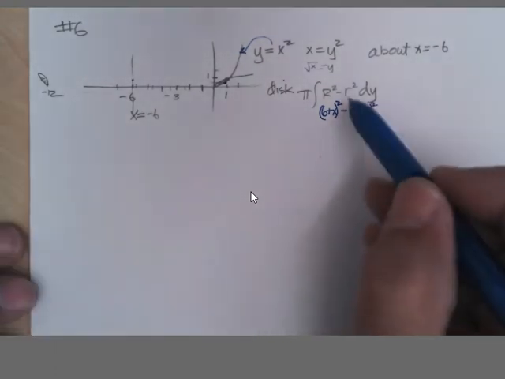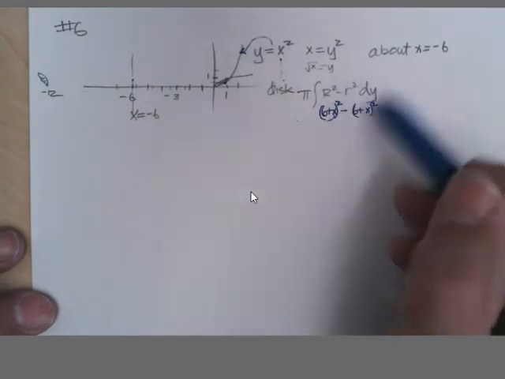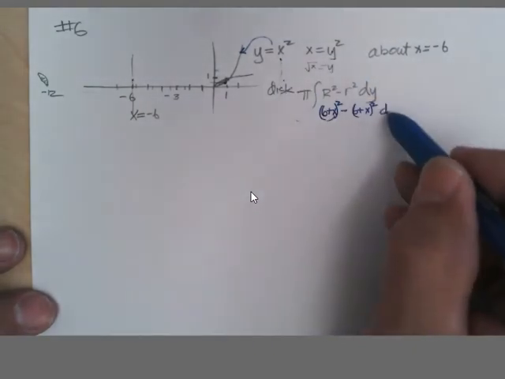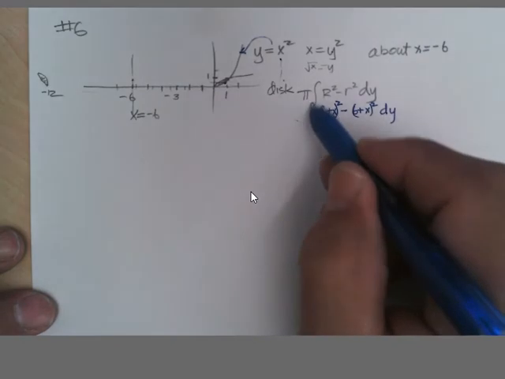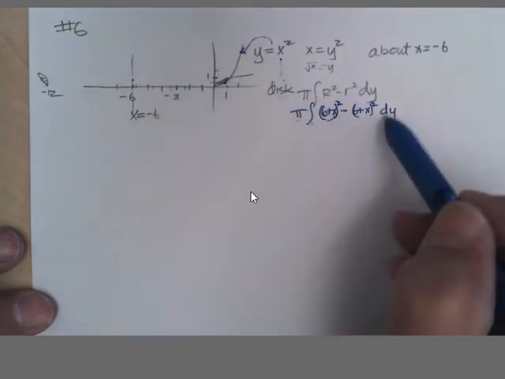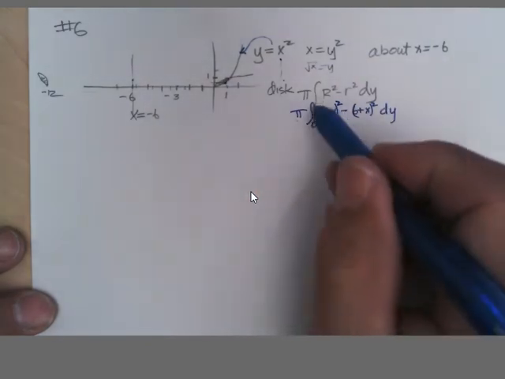Now we have to keep these straight. This x comes from that one, and this x comes from that one. And we have to solve for it in terms of y. Oh, by the way, y is going to go from 0 to 1 because that's where they intersect.